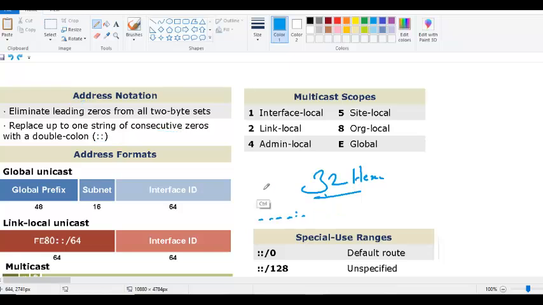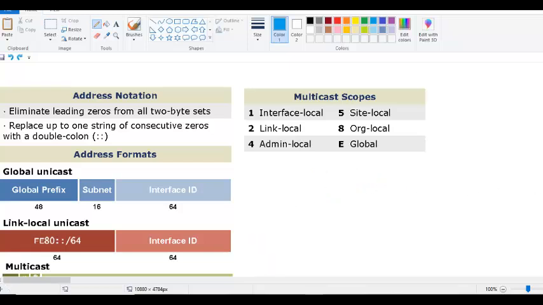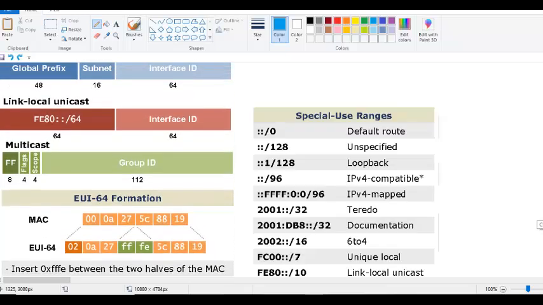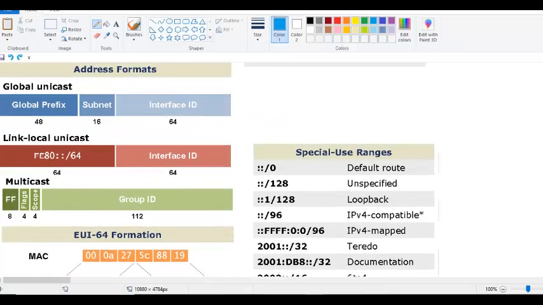We also spoke about the subnet. Subnetting is easy. All that you need to do is add bits. The 16 bits are waiting.